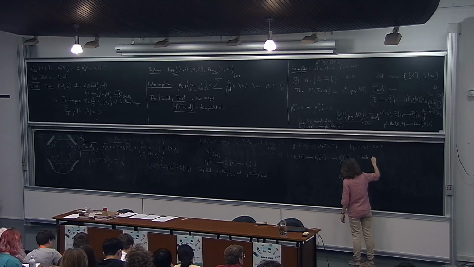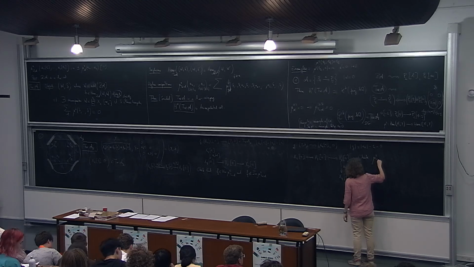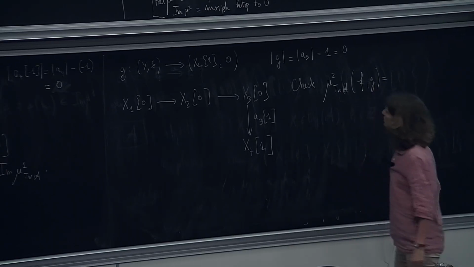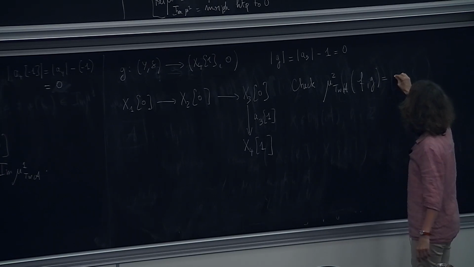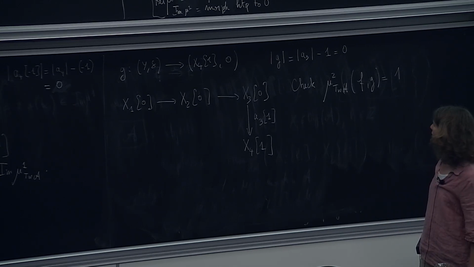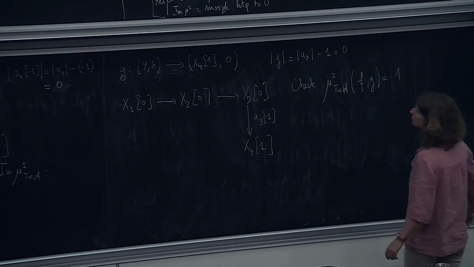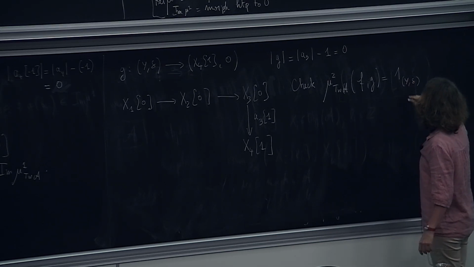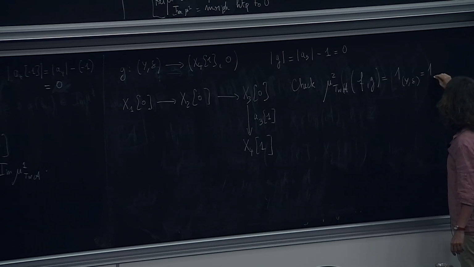you can check the following, that mu2 in twist A of F and G is again, up to sign, the identity of Y delta, since I started with G, which is really the identity of x1 shifted by 0 plus the identity of x2 shifted by 0 plus the identity of x3 shifted by 0.